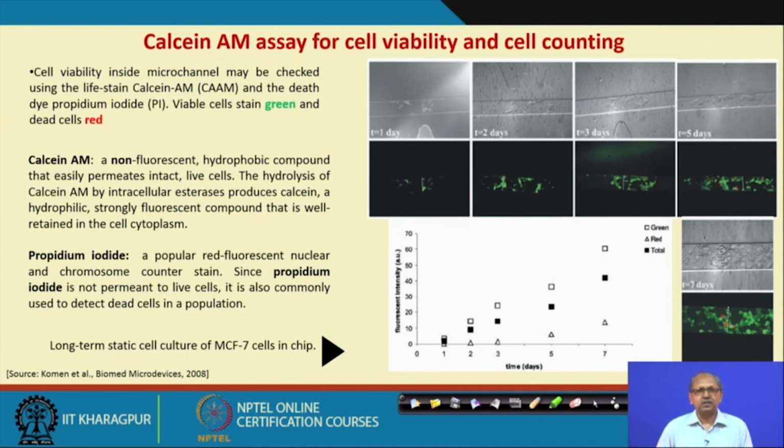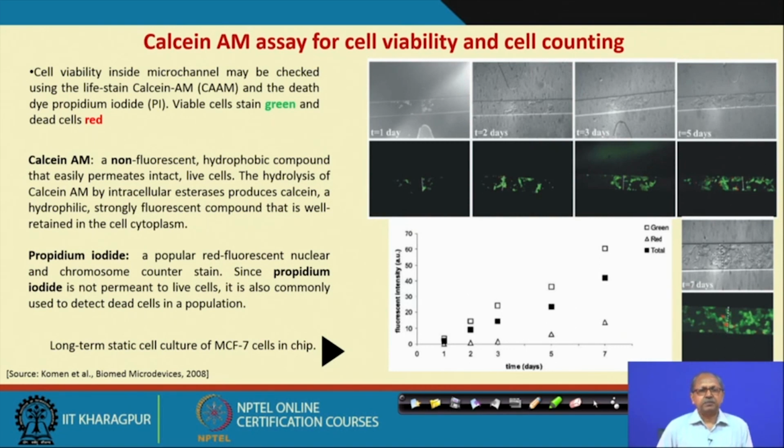For this, the experimental setup is that we are using calcein AM staining, a fluorophore which is hydrophobic and easily enters the cellular cytosol, and cellular esterase will hydrolyze the calcein AM into calcein, which shows green fluorescence.